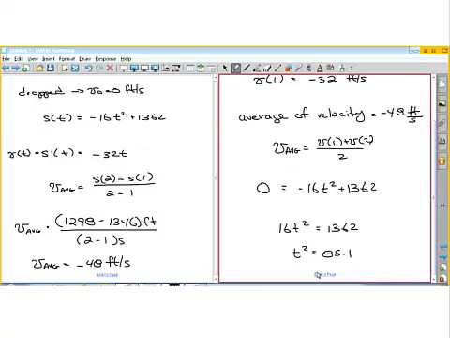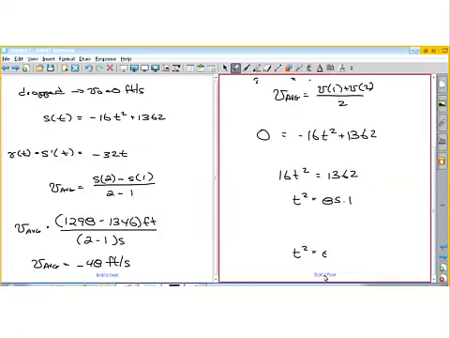Okay, and then we take the square root, raised to the 0.5 power. That's the wrong thing here. So let's try this again. 1362 divided by 16 raised to the 0.5 power, 9.2. So the answer is 9.2 seconds to hit the ground.